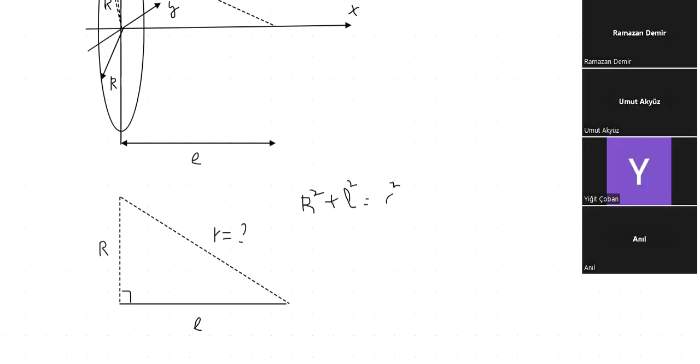Yes, this is correct. Thank you. Yes, according to the Pythagorean theorem, r is equal to the square root of R to the power of 2 plus L to the power of 2.